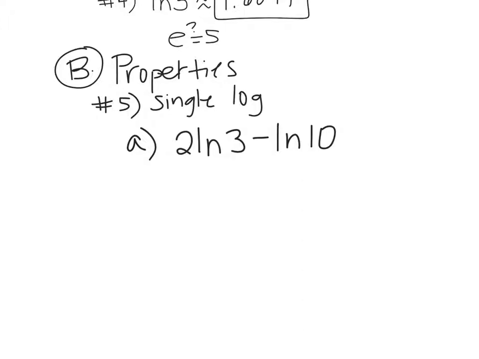There's the property that tells me I can move this 2 up to here, and there's also the property that tells me when I'm subtracting, I'm really dividing my logs. So we're going to do one single log, natural log. I'm going to put the 2 up there, and 3 squared is 9. Minus means divide by 10. So this is really the natural log of 9/10.